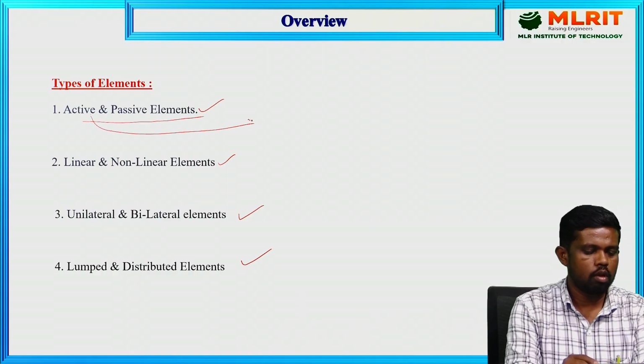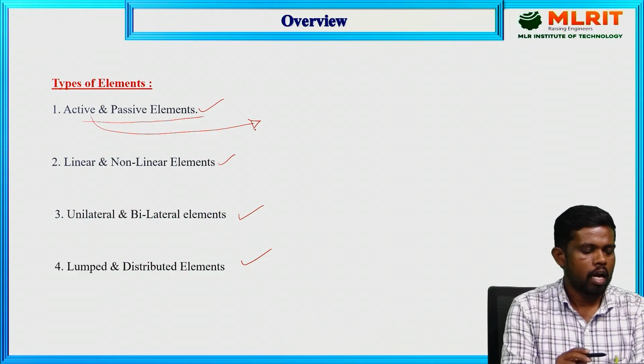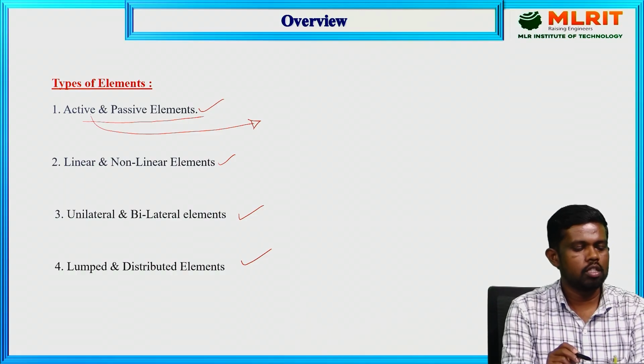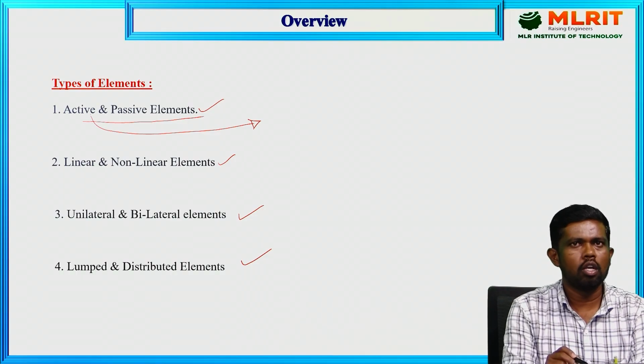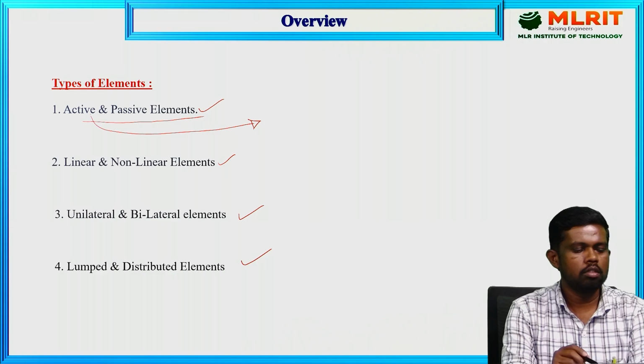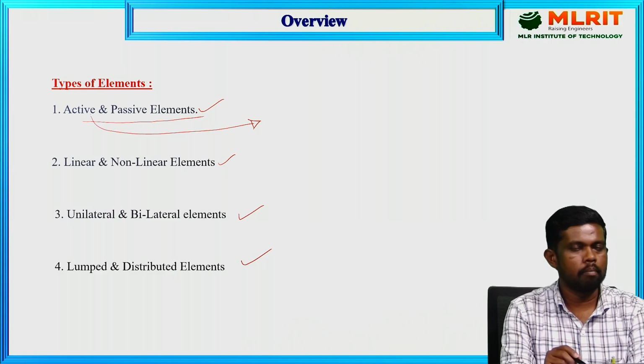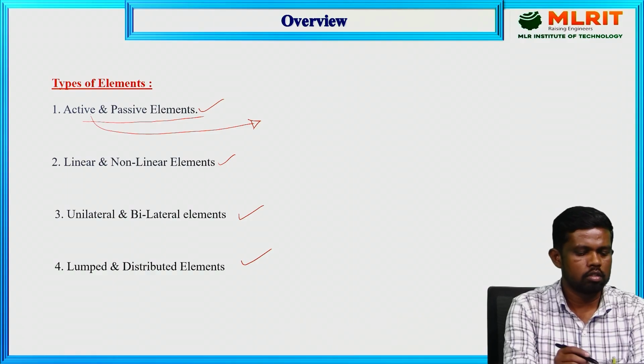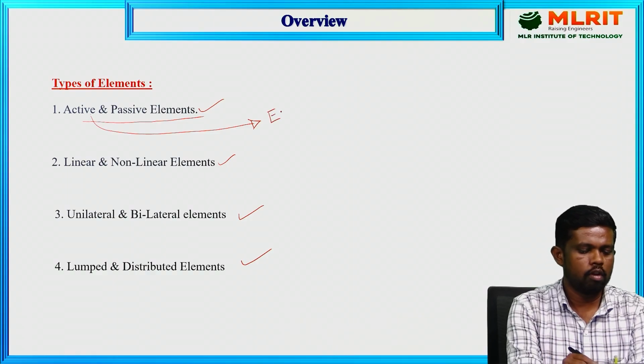Active elements are elements capable of delivering energy continuously to other circuit elements. Those elements are simply called active elements. The best examples of active elements are the voltage source and the current source.